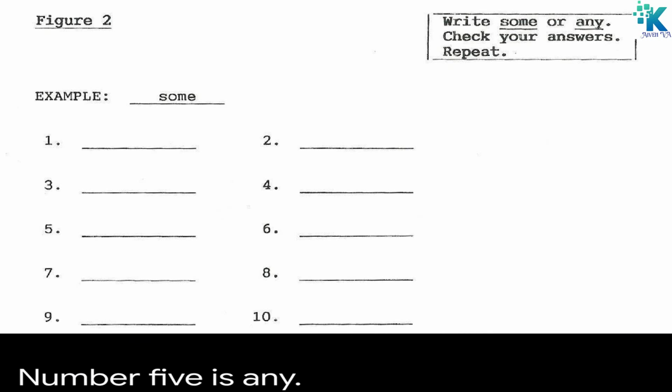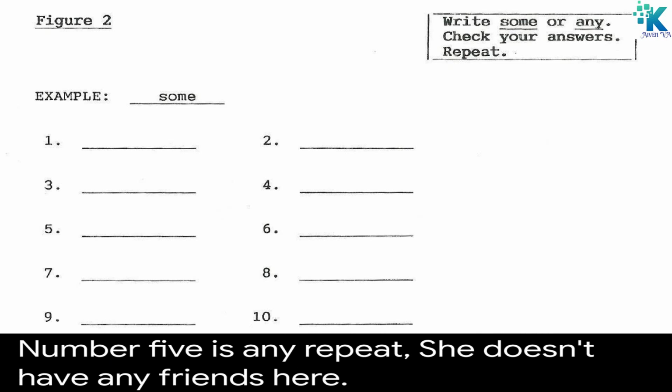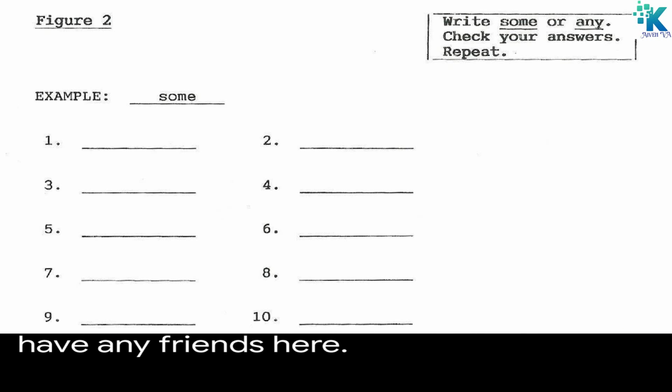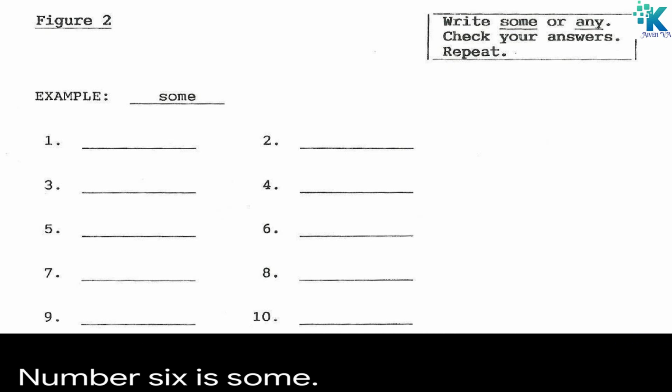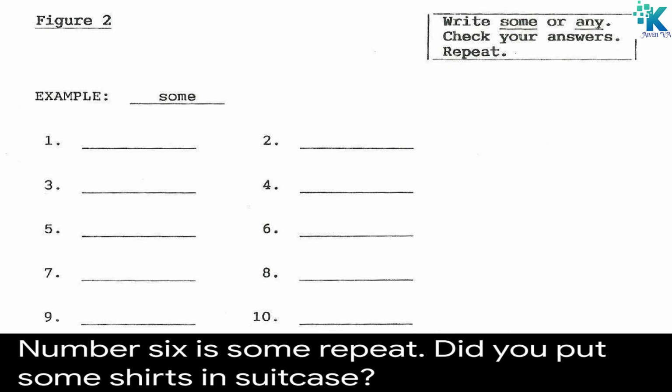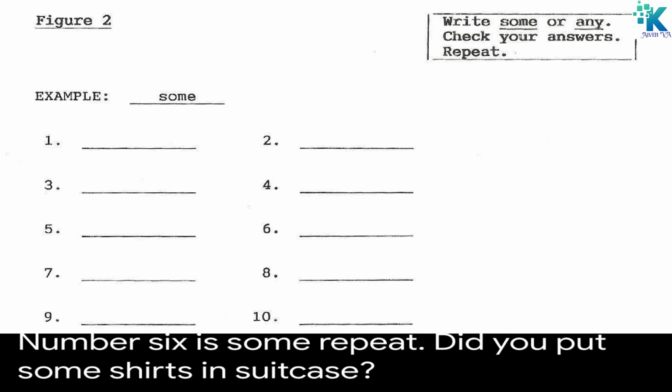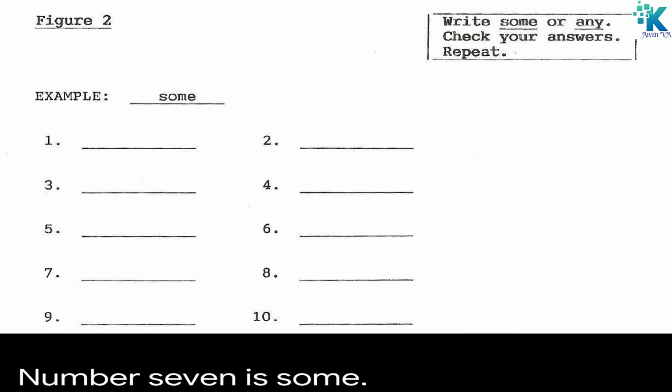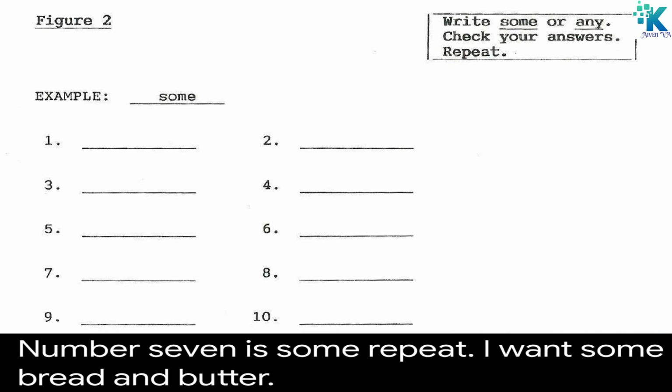Number 5 is any. Repeat. She doesn't have any friends here. Number 6 is some. Repeat. Did you put some shirts in the suitcase? Number 7 is some. Repeat. I want some bread and butter.